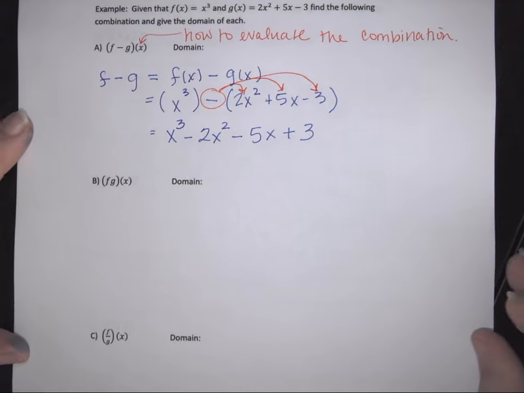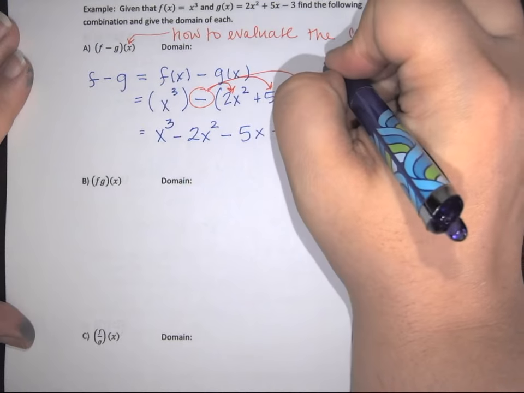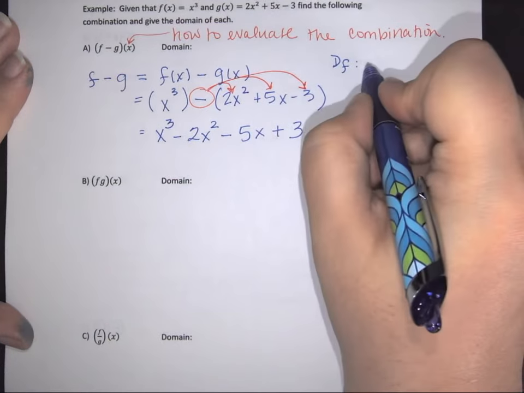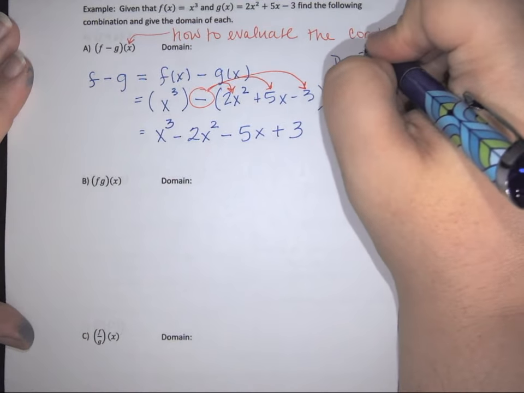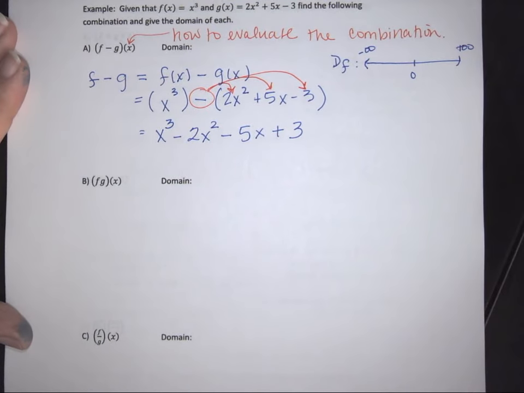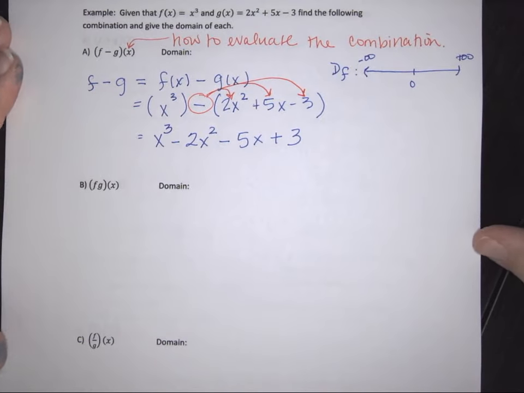So remember, the domain is going to be the overlap of f and g. If I look at my domain for f, I can look at its number line. So again, I've got negative infinity and positive infinity, and 0 here in the middle. I'm looking specifically at x cubed. What do we know about x cubed?